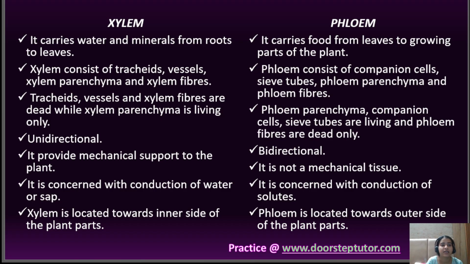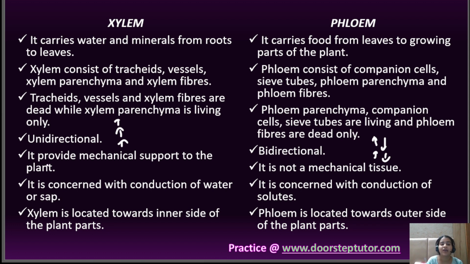We can understand this through the arrow that it goes from downward to upward only. That's why it is unidirectional. While in case of phloem it is bidirectional, where the substance can move in both directions, upward and also downward. That's why the term is bidirectional.